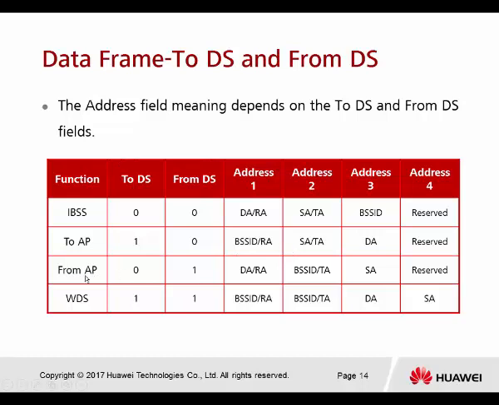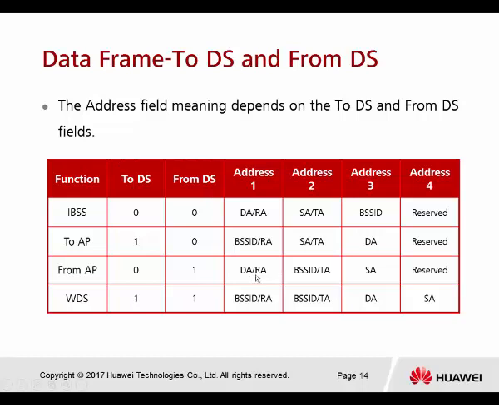So the next one, From AP. For From AP, the bit To DS is 0 and From DS is 1. So basically this frame comes from the AP. Right here they will show you the destination MAC address. Right now the fields are slightly different compared to the previous one.